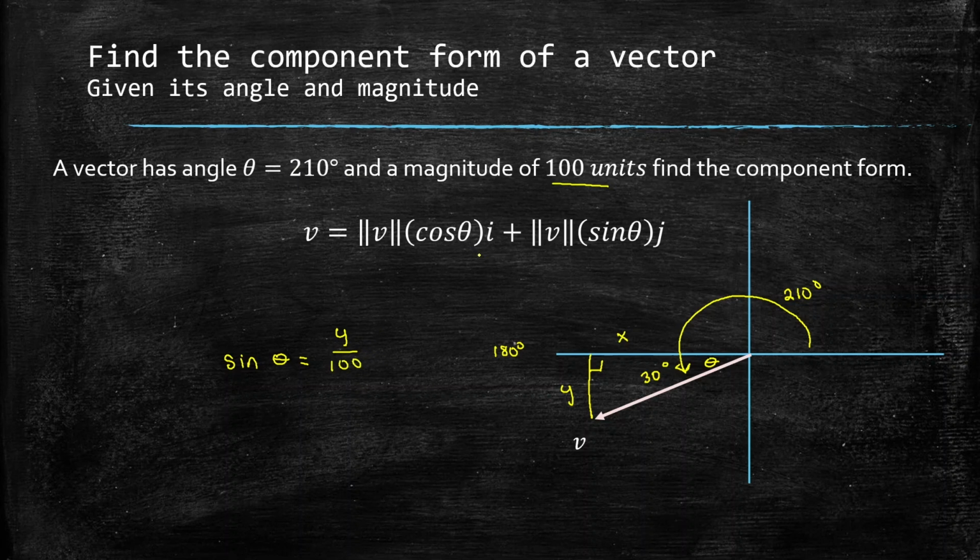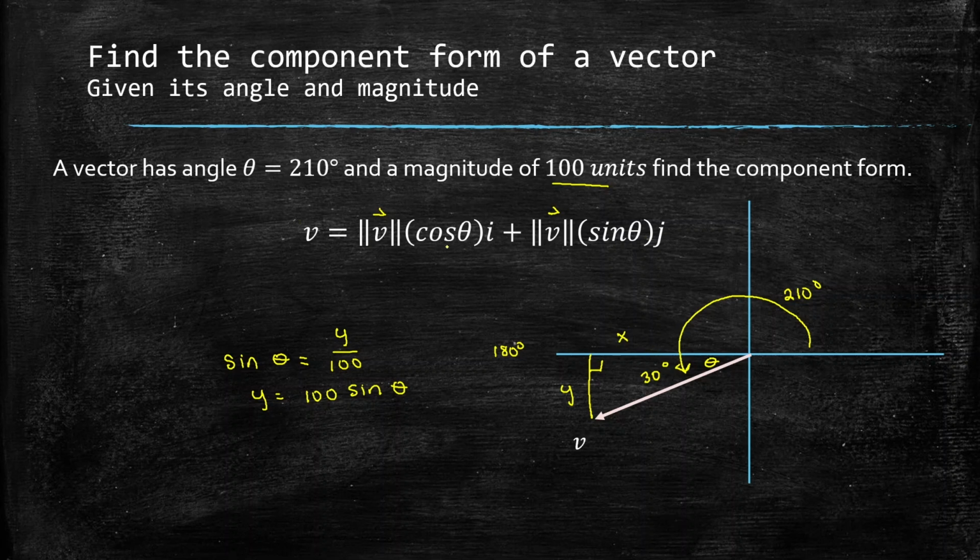Then I could rewrite this to solve for y: y equals 100 sine theta, or whatever the magnitude is, and that's the magnitude of this vector here. The same thing holds for the cosine, because this x value gives me the cosine.